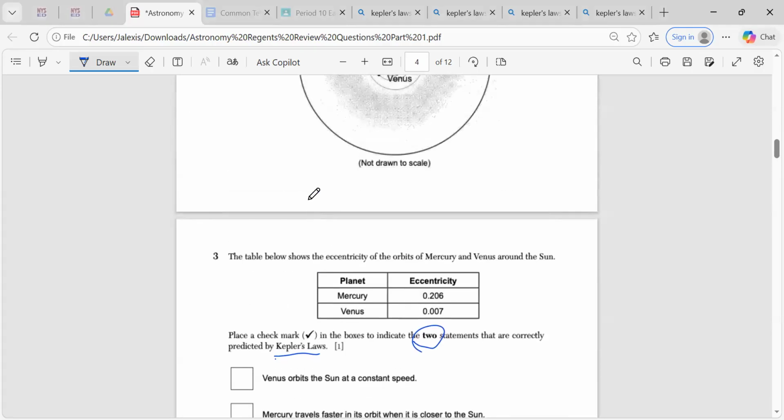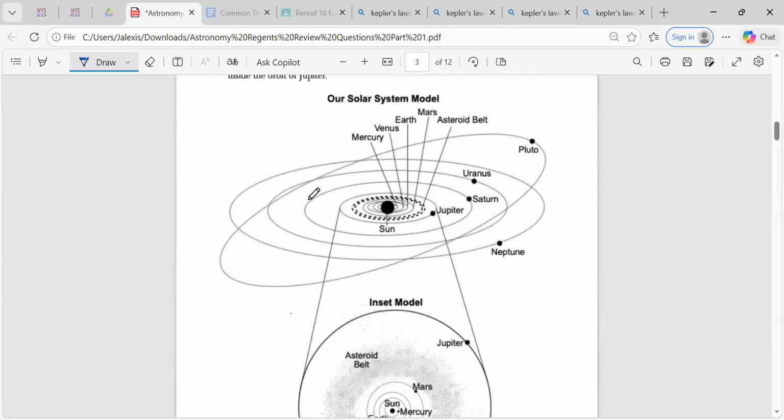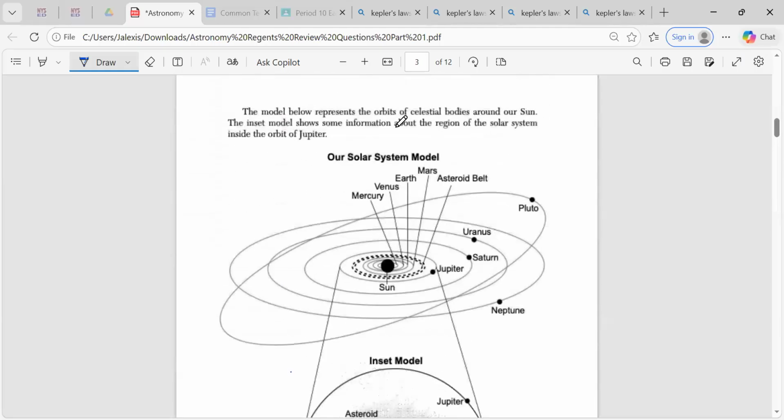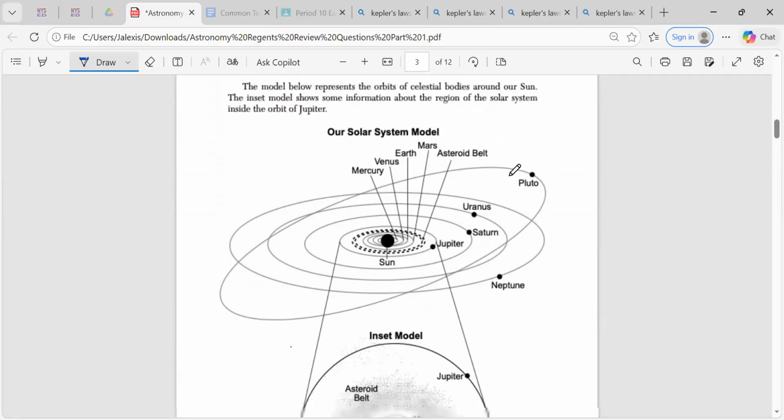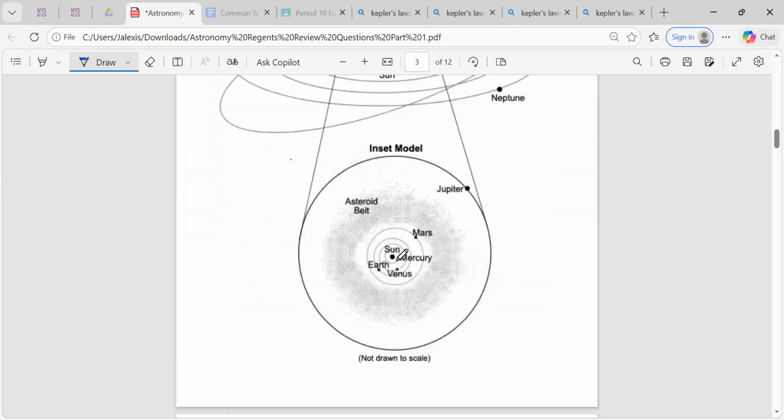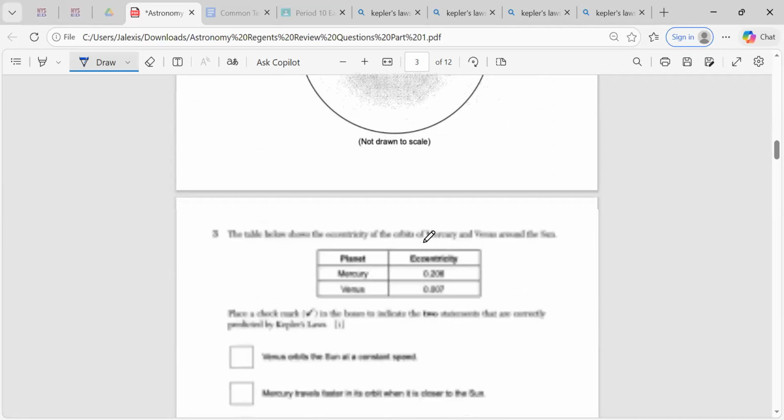Okay, and when we look at the diagram, it tells us the model represents the orbits of the celestial bodies around our sun, right? It gives us some information about the region of the solar system inside the orbit of Jupiter. All right, so we see Mercury is here, Venus is here, Earth, Mars, etc.